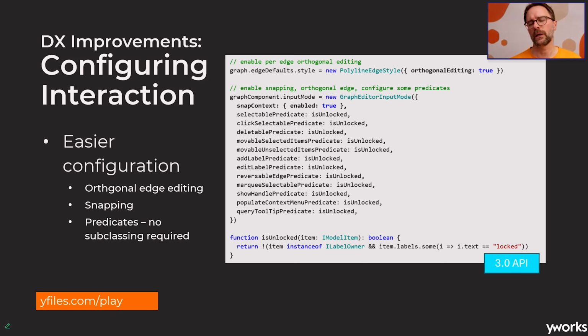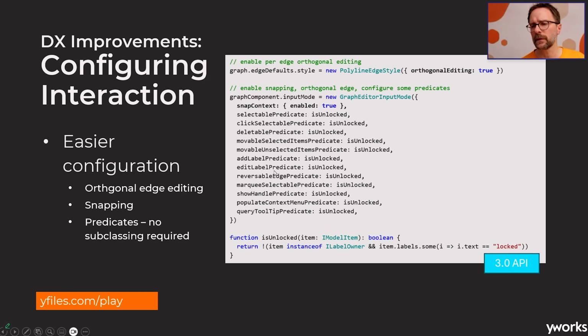Not only did we review all of the API names and made sure that they align with each other and that you're using the same concepts everywhere, we made it much easier to make slightly more sophisticated configurations, like in this example, where you can determine on a per item basis whether you want an item to be selectable, clickable, movable, editable, and so on.